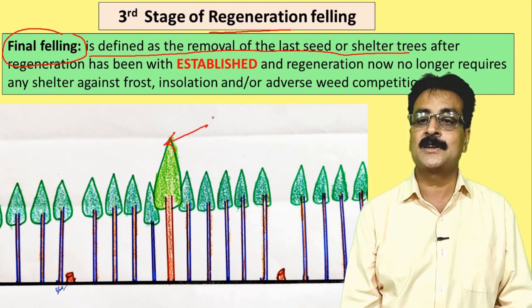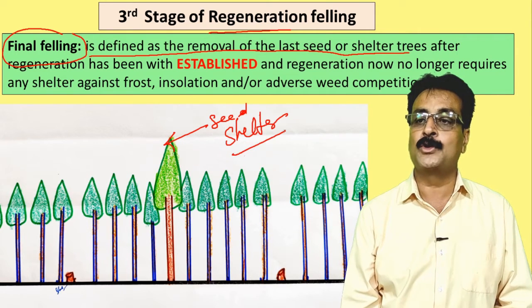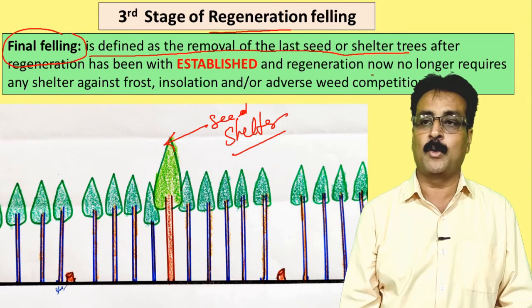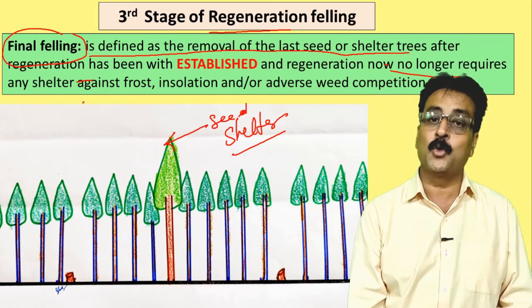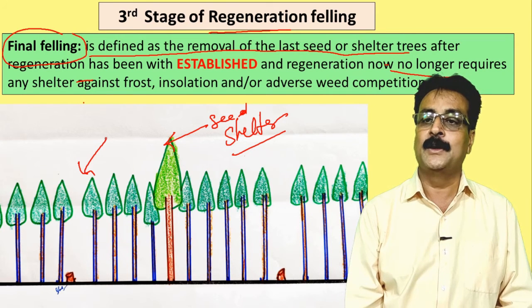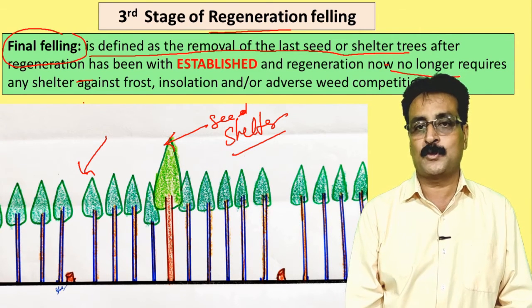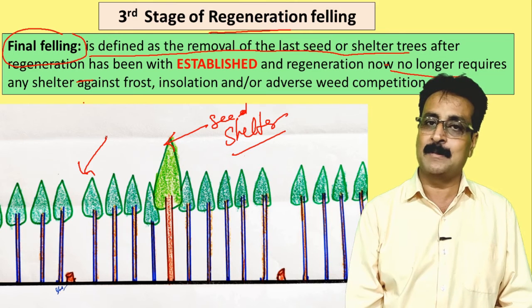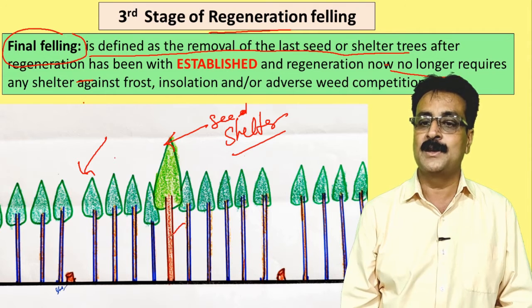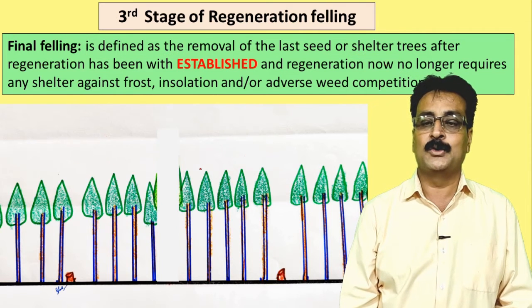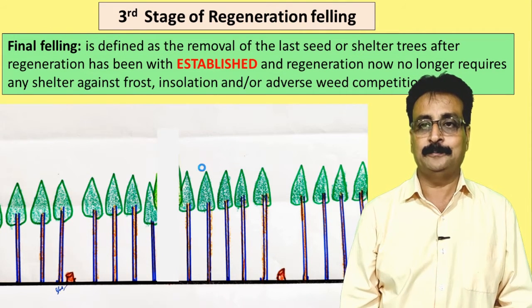This is the last seed or shelter overwood or shelter trees. Now no protection is required, because they have grown enough. Now they can bear the frost and adverse climatic conditions, so no further protection is needed. Then we remove them in the final felling.